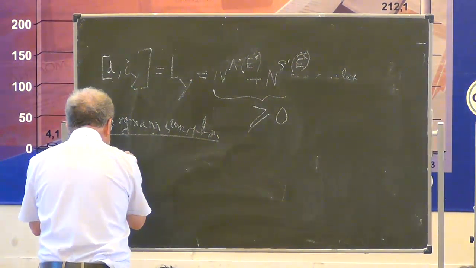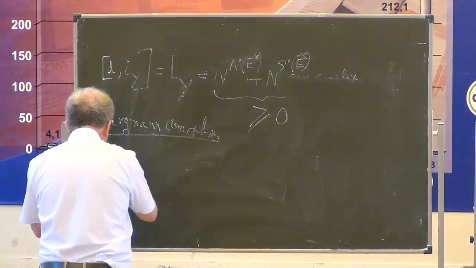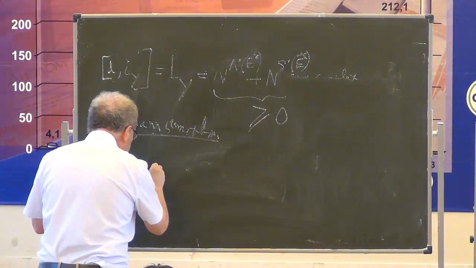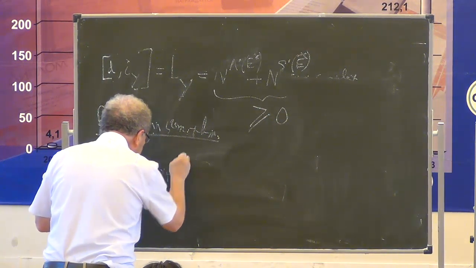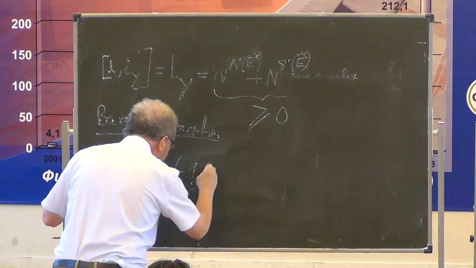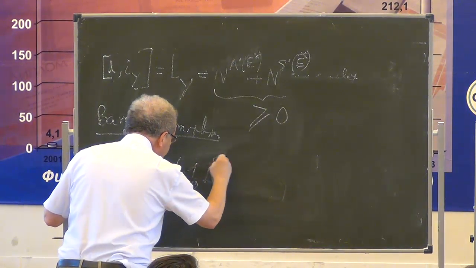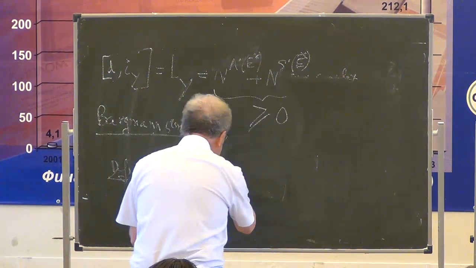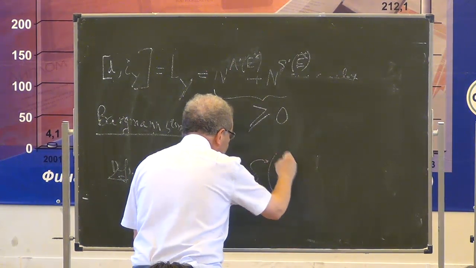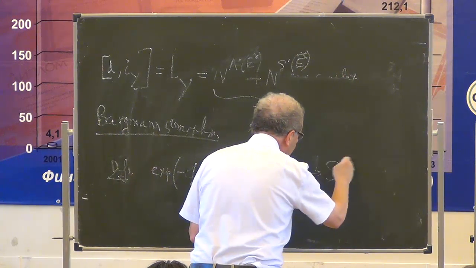Bargmann was a physicist, so I introduce the following map as a definition. I write it this way: it's a heat kernel with a wrong sign, exponential minus half of delta E. This is going to map S of E star into S of E star.